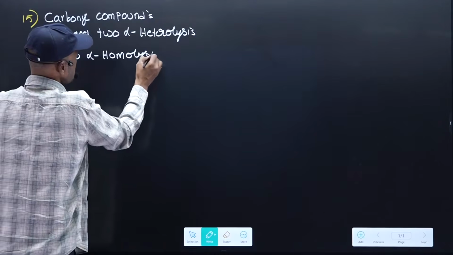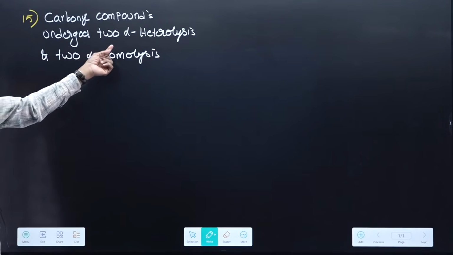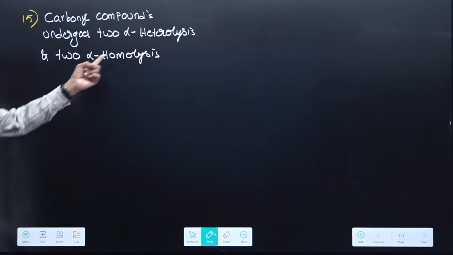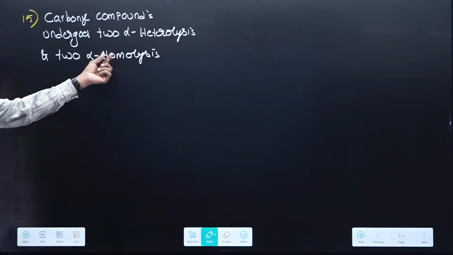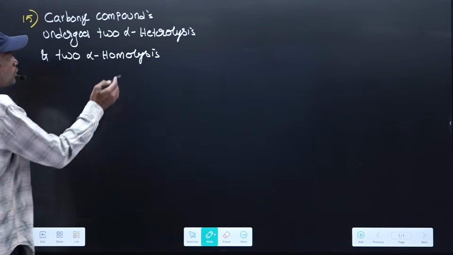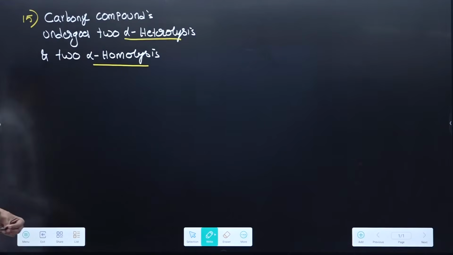Two possibilities are expected here. Alpha heterolysis and alpha homolysis are characteristic fragmentations for carbonyl compounds. If I take any carbonyl compound, these two possibilities are expected, so these two points you need to remember: alpha heterolysis, alpha homolysis.